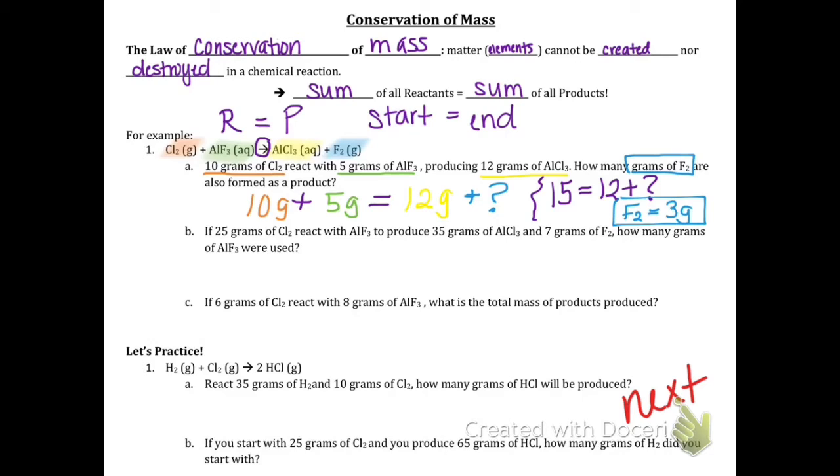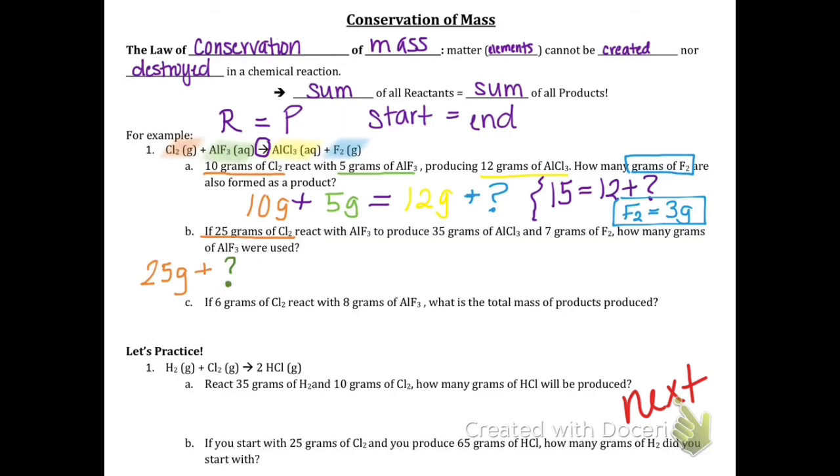Okay? So let's try that one more time. All right, it says 25 grams of chlorine. So that's my little orange here. So 25 grams react with aluminum fluoride. Here it doesn't give us an amount of aluminum fluoride, plus something, we don't know what this number is.